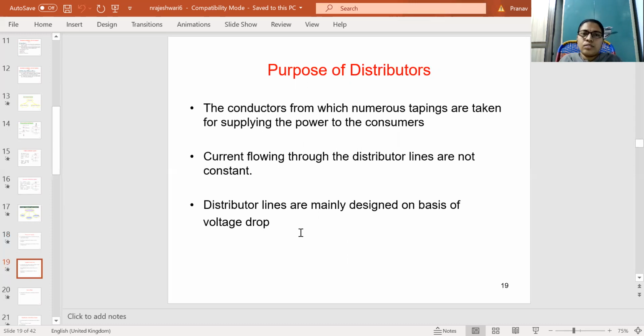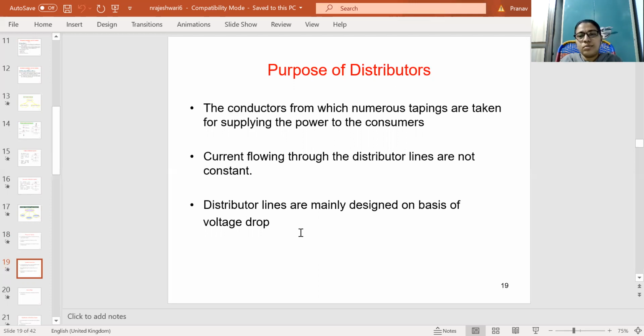The purpose of a distributor is as conductors from which numerous tappings are taken for supplying power to the consumers. In the case of feeders, no tappings are required for the conductors to the consumer premises.